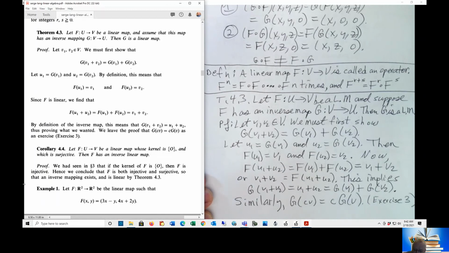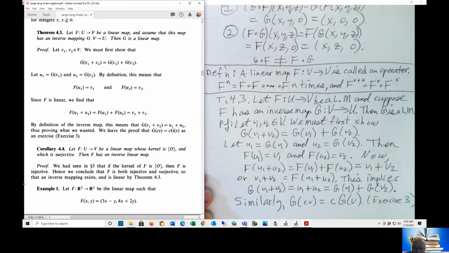G of V1 plus V2 equals, and then G and F cancel out, equals U1 plus U2, which equals, the way we have it defined, G of V1 plus G of V2. So we've proven the vector addition.